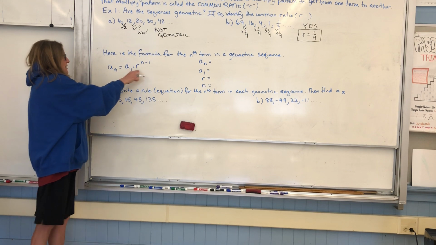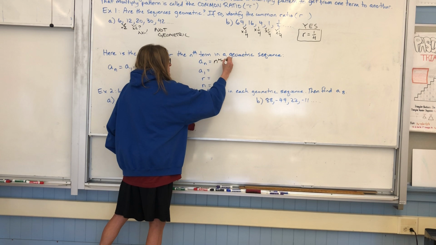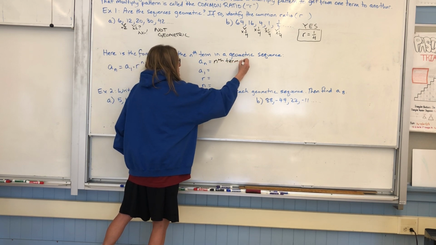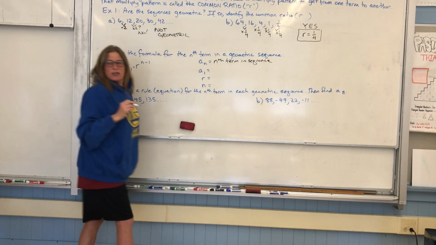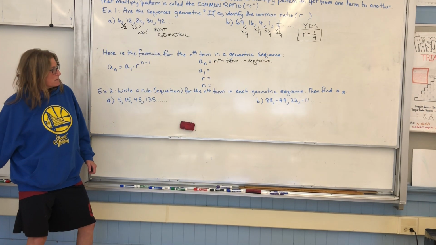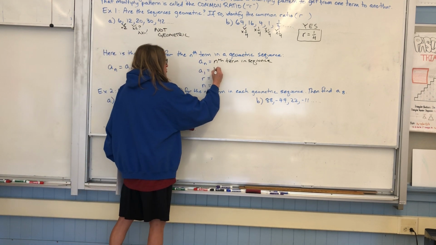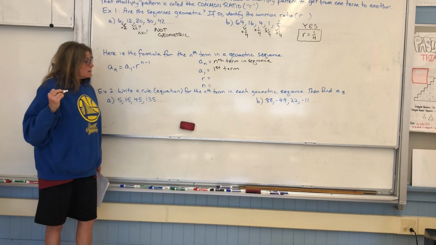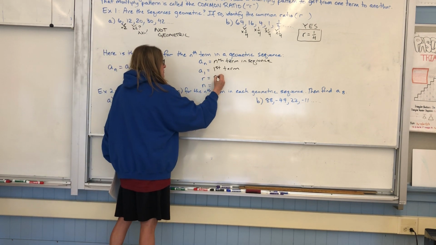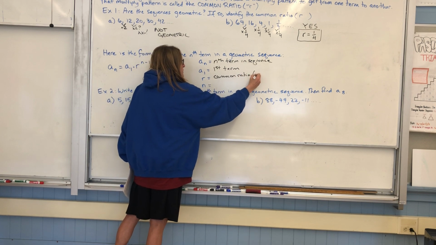So let's just do a little anatomy thing here. An is the nth term in the sequence. Right, so like we just said, 100th term, that would be A100. A1 is the first term. And R is the common ratio, or we might want to think of it as the multiply pattern.